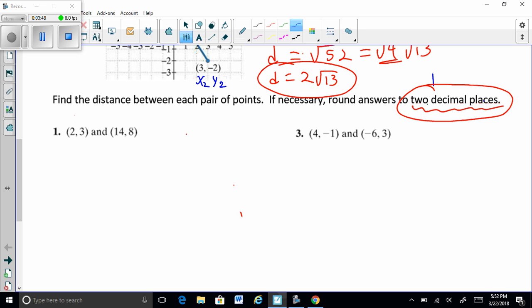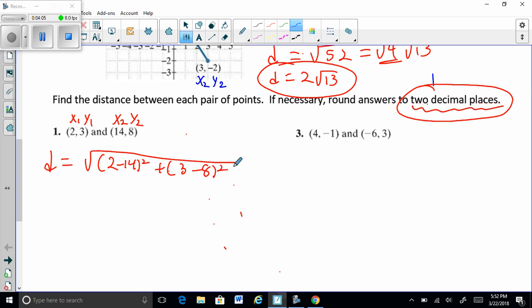So if we look at this one, we'll call this x1, y1, x2, y2. So the distance formula is the differences of the x's. So 2 minus 14 squared plus the differences of the y's, 3 minus 8 squared. Okay, so now our distance is going to be equal to, let's see, -12 squared plus -5 squared.